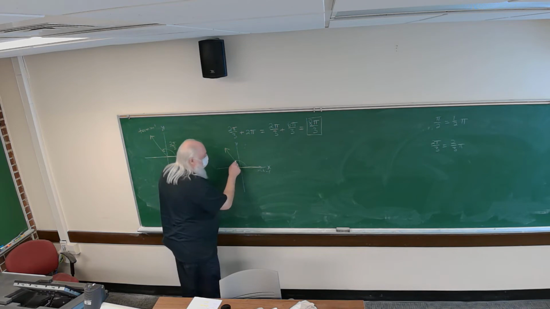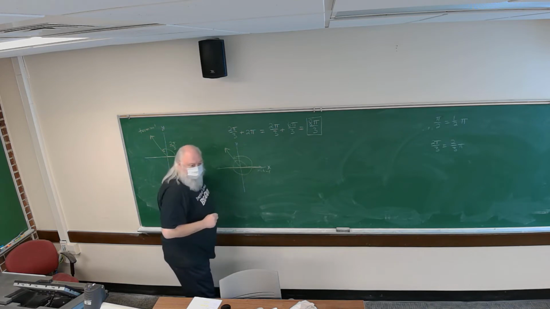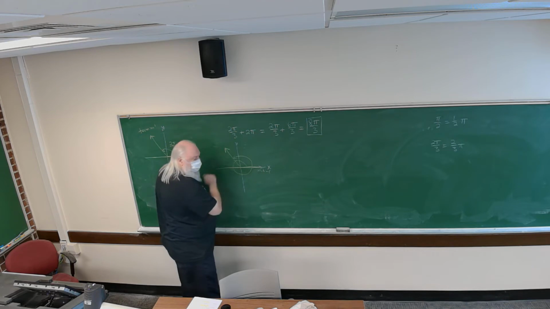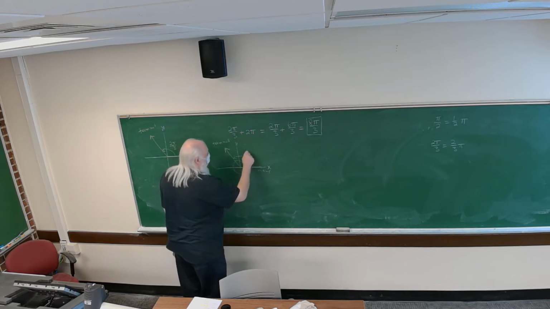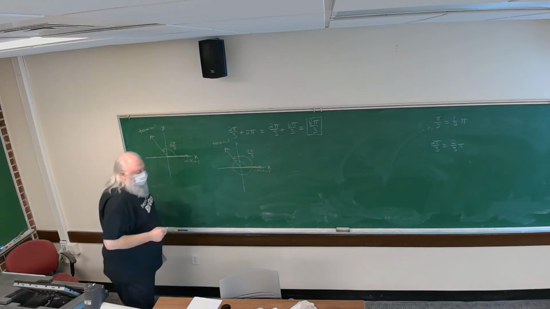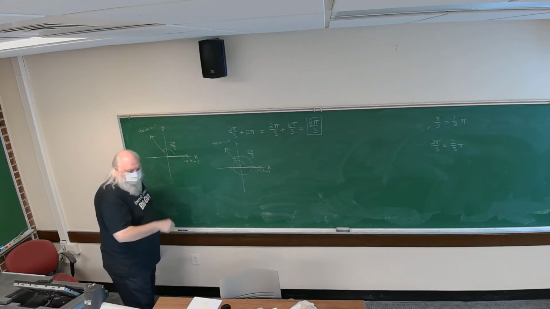And then when we add 2 pi, we're adding 1 full revolution to 2 pi over 3. And when you add 1 full revolution, it brings you right back to the terminal side. So this is what the angle 8 pi over 3 looks like. You have to add 1 full revolution.